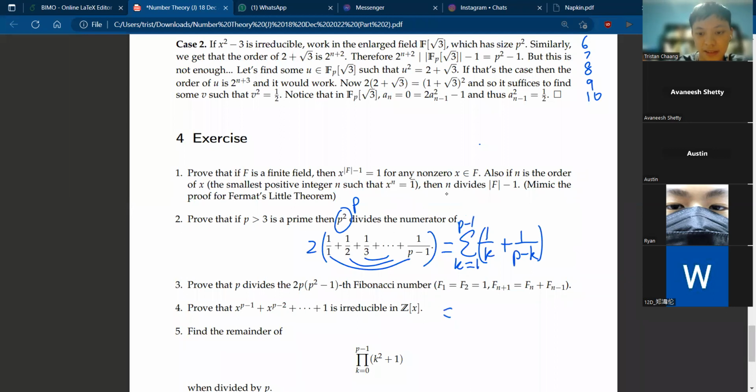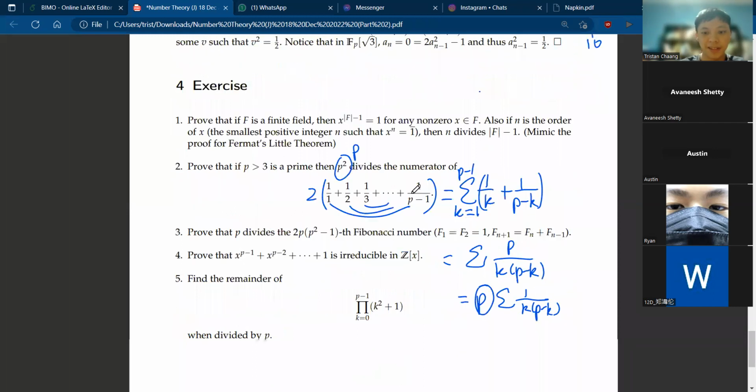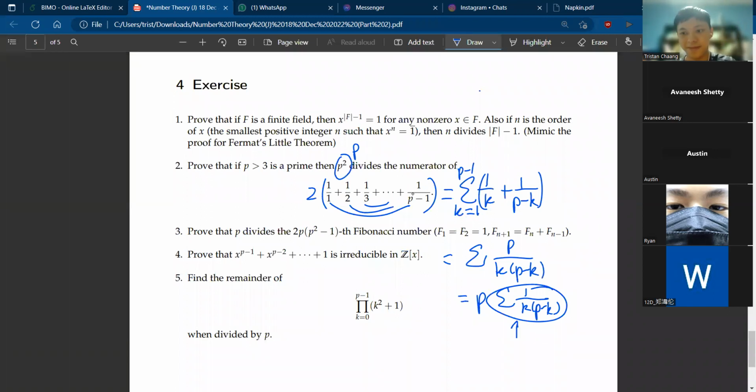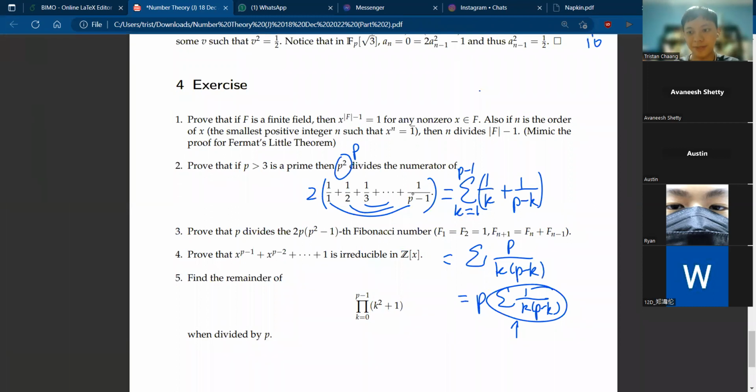This is, there's a p on top, and k times p minus k at the bottom. So I successfully manually brought out a p. Now what's remaining is to prove that the numerator of this is a multiple of p.